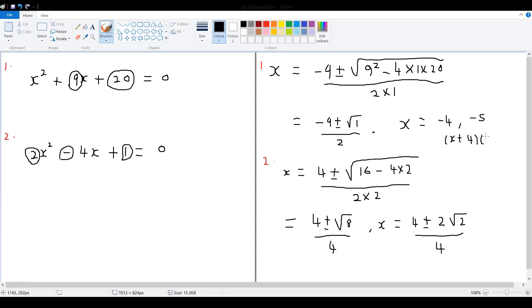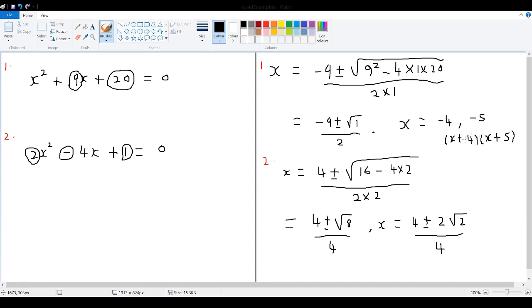And can you see that this 4 and this 5 are essentially similar to our solutions that we got from the quadratic formula? I hope you can see that pattern. So we've got a plus 4 here, and we got a plus 5, and our solutions were minus 4 and minus 5. So can you see that pattern?